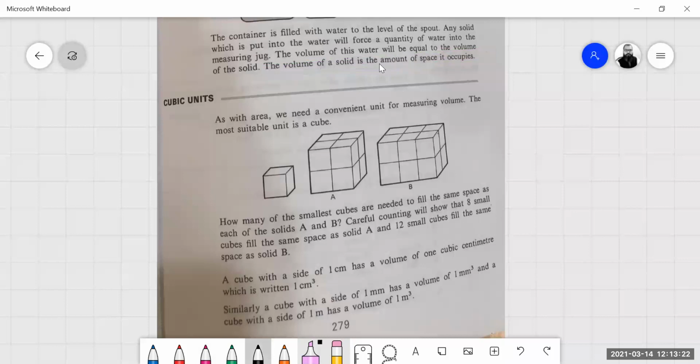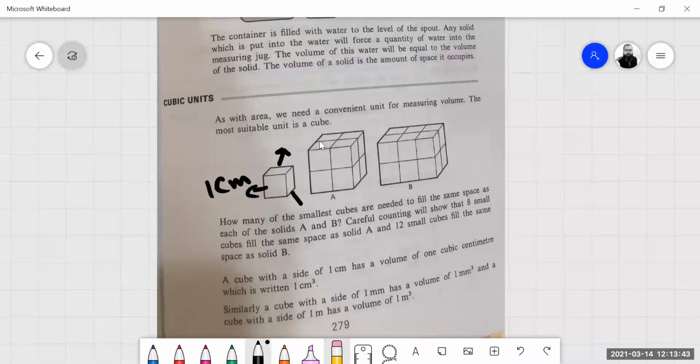We can say that it is 1 centimeter on all sides. So if there are more cubes, how many cubes are there?